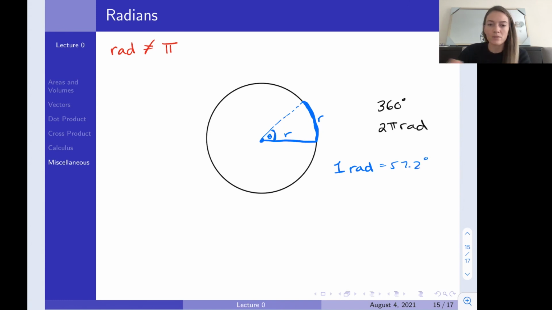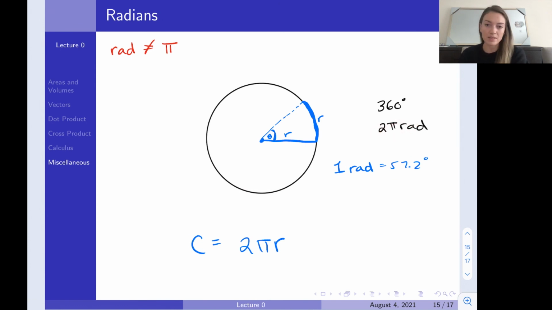So about 57 degrees is 1 radian. And that's why the equation for the circumference of a circle is 2 pi r, because you can fit 2 pi lengths of your little radius rope. You can fit 2 pi radiuses around your circle, and that's true for any circle. And that's why a circle is made up of 2 pi radians.